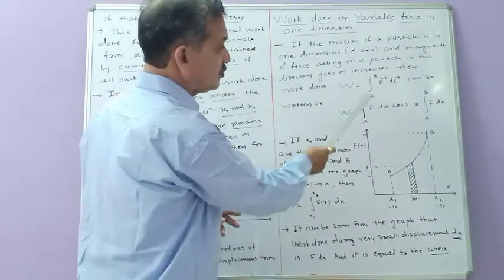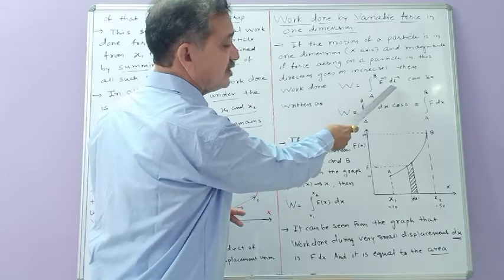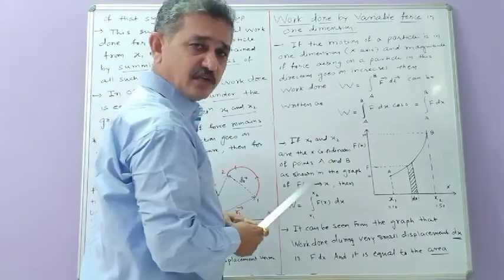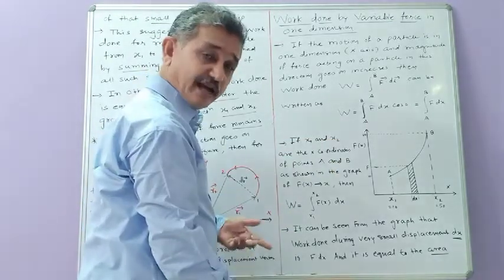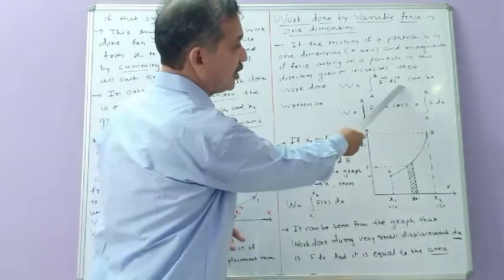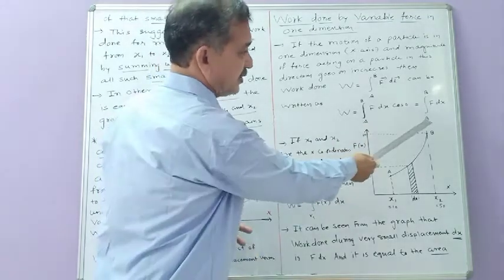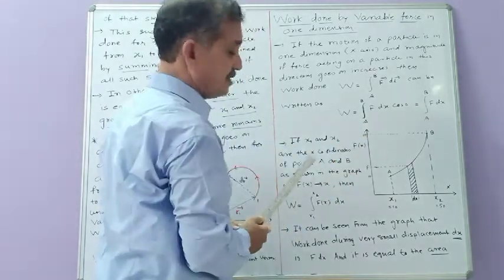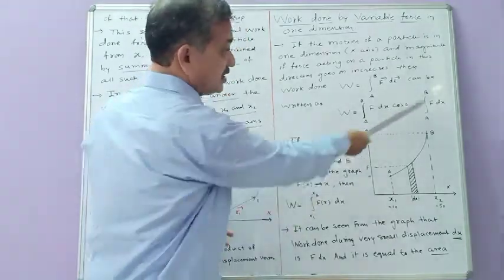So here A should be replaced by x1, B should be replaced by x2, dl should be replaced by dx, and because force and displacement are in the same direction, the angle between them is 0. So F dot dl can be written as F dx cos 0, and that's why it is the integration of F dx, where A is replaced by x1 and B is replaced by x2.